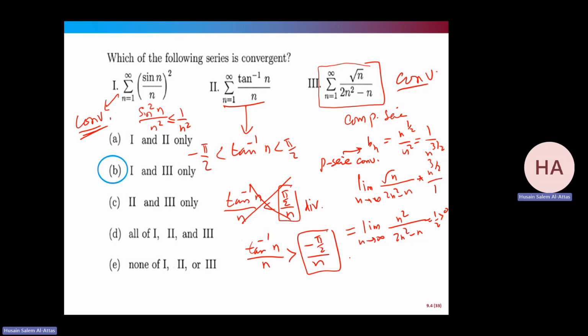And this one will diverge. The smaller series diverges, that means the bigger series will diverge. So the only convergent series are 1 and 3. 1 and 3. The others are diverging.